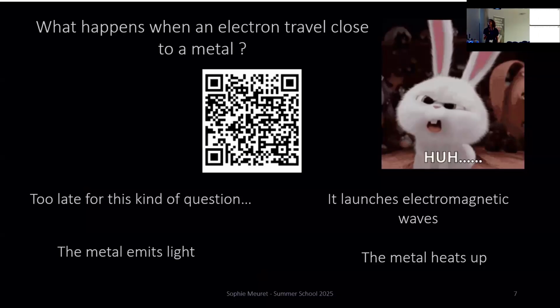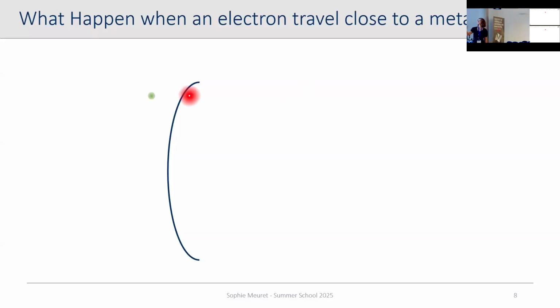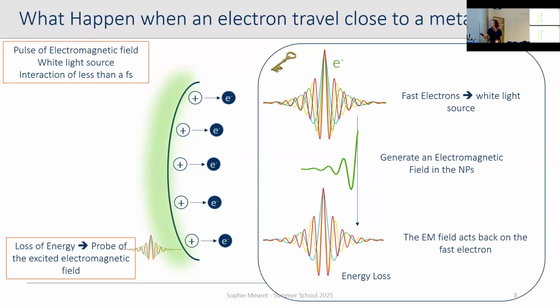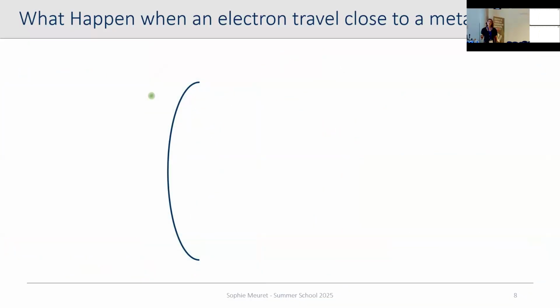Okay, so what exactly happens when we have an electron close to a metallic particle? Your electron is a very, very small charged object that is going super fast. So close to a particle, usually when you're around 200 kilovolts, the time of travel is a few femtoseconds, which means that your electron can be considered a very short pulse of electromagnetic field, and therefore very broadband.